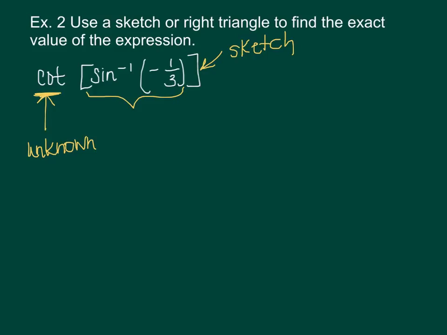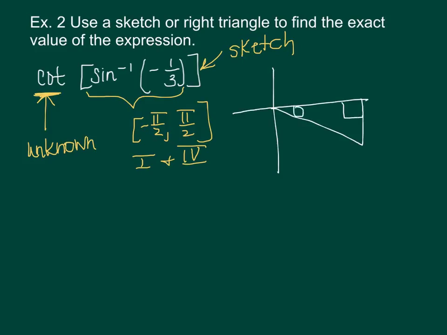Okay, so sine, remember, the domain is negative pi over 2 to positive pi over 2. And we have to be careful because we can only use quadrants 1 and 4. Since it's negative, we have to draw our triangle in quadrant 4.